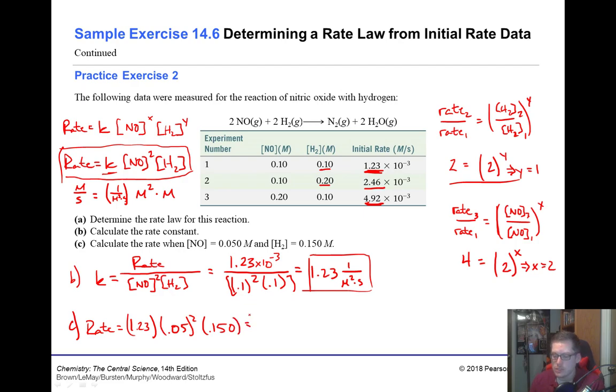So we take 1.23 times 0.05 squared times 0.15, and we get 4.61 times 10 to the minus fourth. How many sig figs? The concentration of NO has 2 sig figs, so we'll just leave it there. So it'd be 4.6 times 10 to the minus fourth.